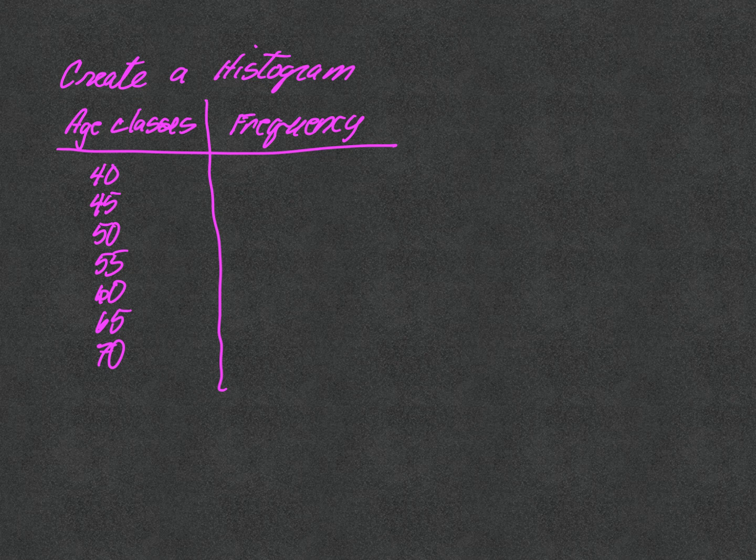And then the upper limit is 1 less than the lower class limit of the next one. So this would be 44, 49, 54, 59, 64, 69, 74.